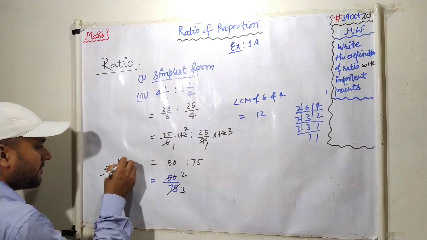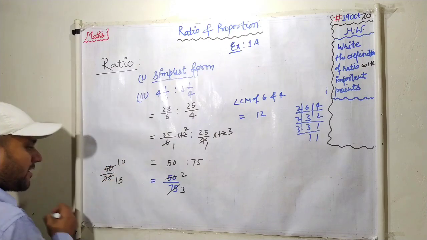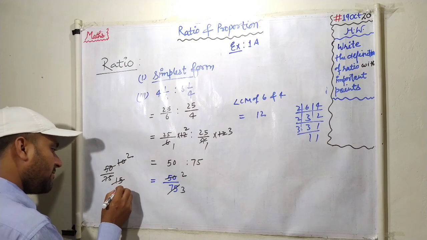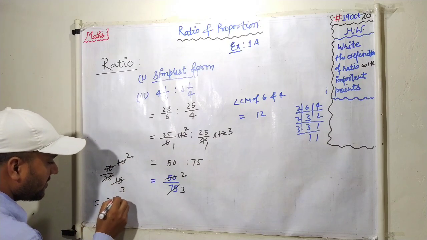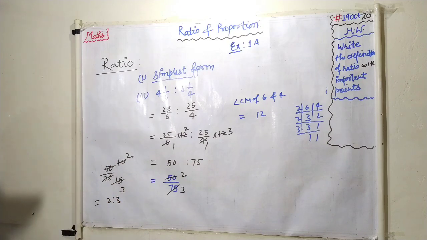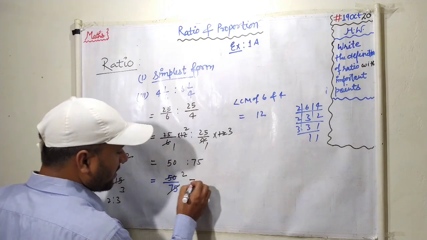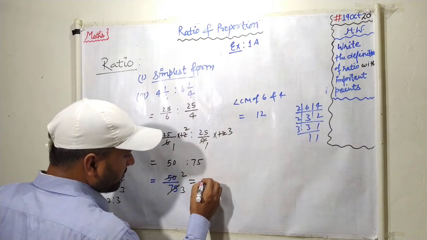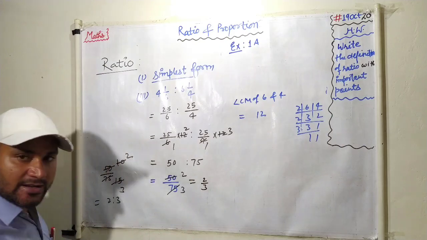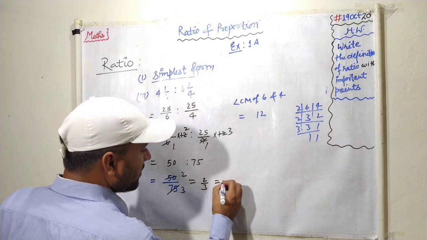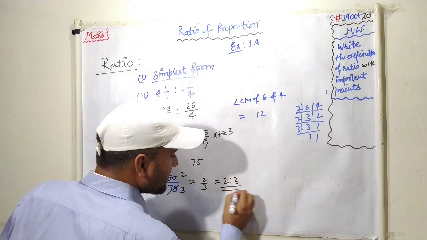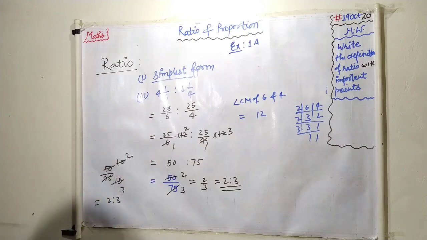Cancel out with 5. 5 2s are 10, 5 3s are 15. You also get 2 ratio 3. Or by cancelling out by 25, you also get the same number, 2 upon 3. And then it is not cancelled out by any other number. So you will write 2 is to 3. That is the simplest form of the given ratio.